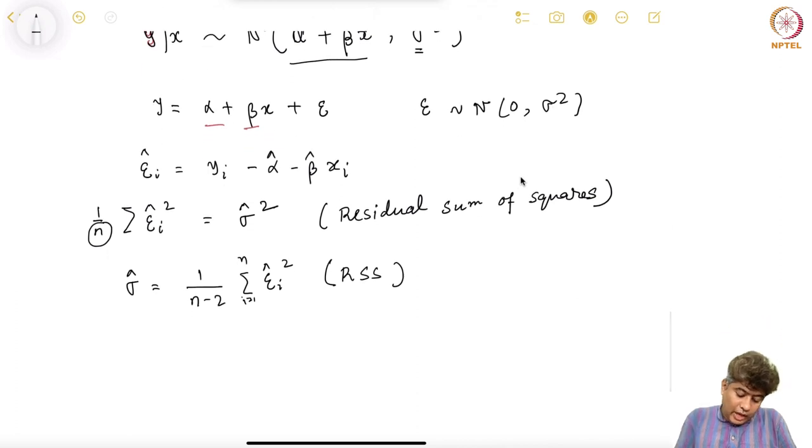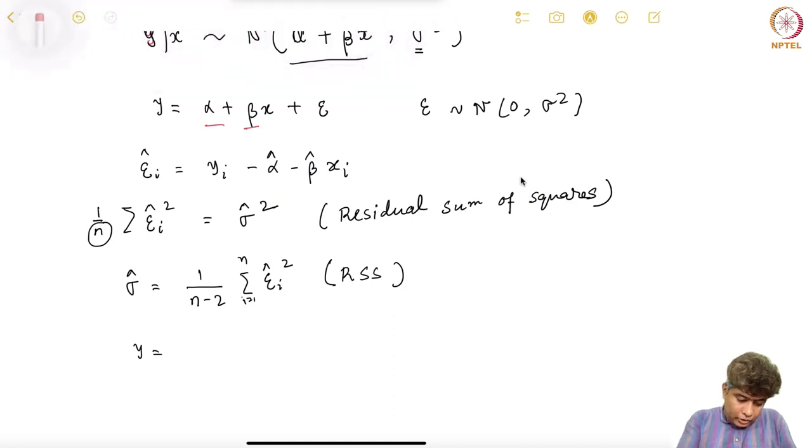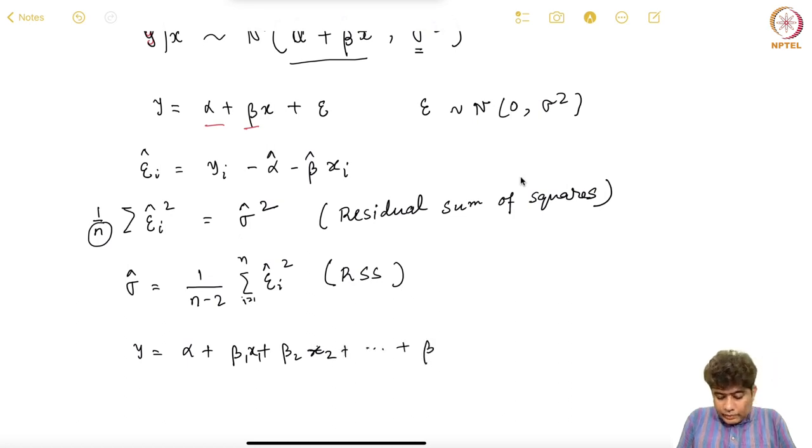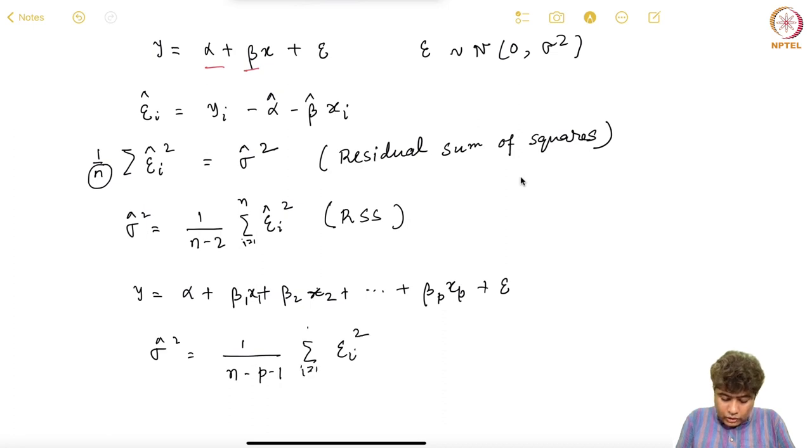And if you have a model which is alpha plus beta 1 x1 plus beta 2 x2 plus dot dot dot beta p xp plus epsilon, then your sigma hat square will be accordingly adjusted to 1 over n minus p minus 1 times the summation of epsilon i hat square, i equal to 1 to n, and this is the residual sum of squares.